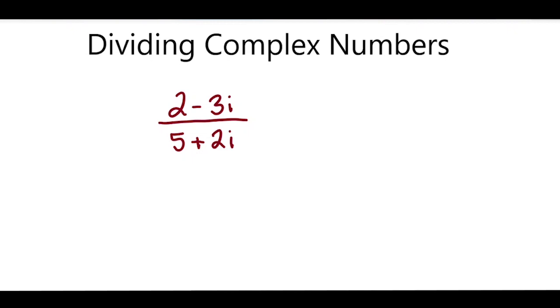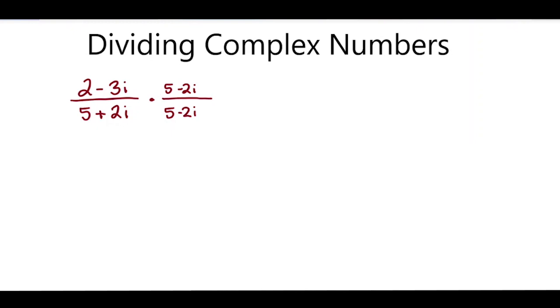So here I have 2 minus 3i over 5 plus 2i. So the way we solve this is we multiply top and bottom by 5 minus 2i. Slide this over a little bit. And when we multiply straight across, remember, we're going to do FOIL.